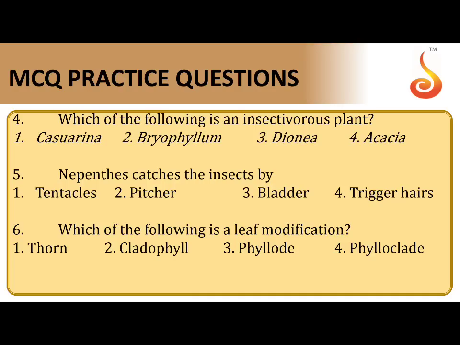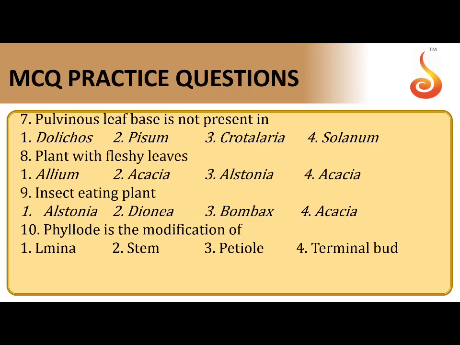Question 6, which of the following is a leaf modification? Thorn, cladophyll, phyllodes or phylloclade? Question 7, pulvinus leaf base is not present in Dolichos, Pisum, Crotalaria, Solanum. Question 8, plant with fleshy leaves such as Allium, Acacia, Aloe, Acacia.